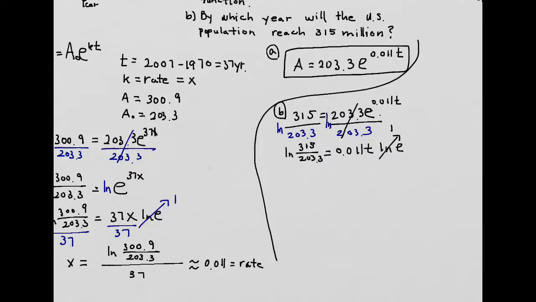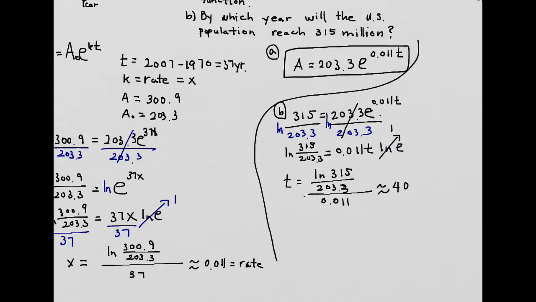Which this is going to be 1. So your t should be the natural logarithm of 315 divided by 203.3, all over 0.011. And this comes out to be close to 40.